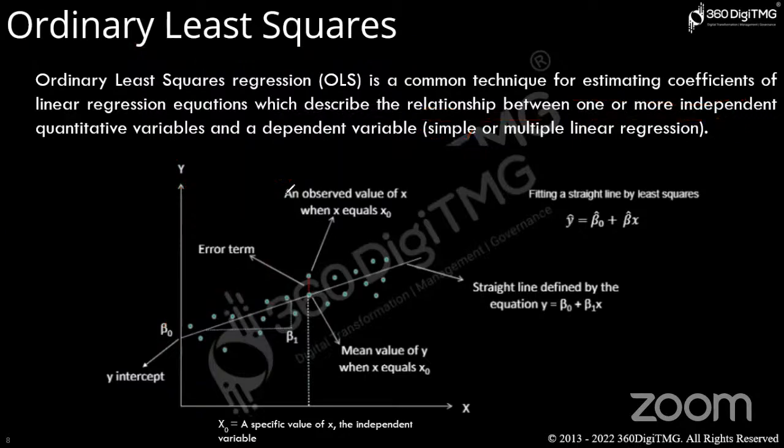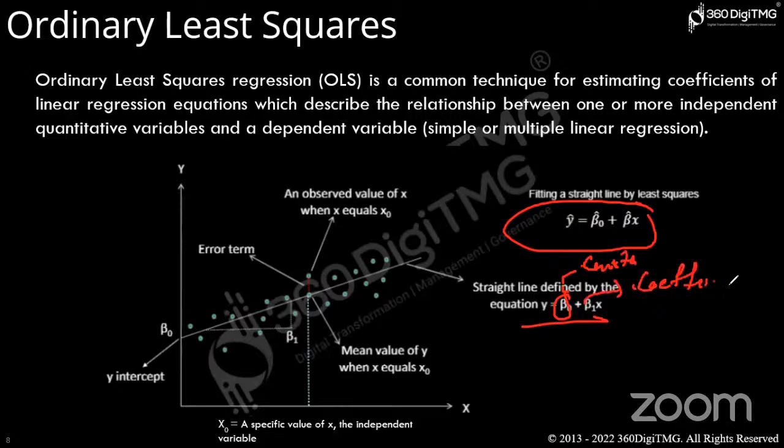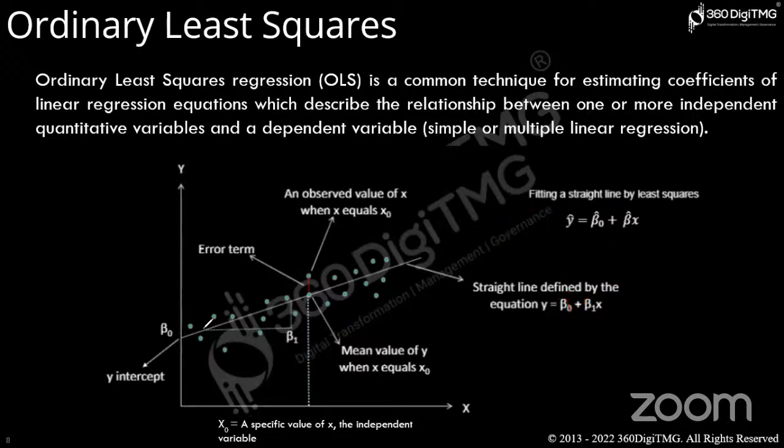Simple linear regression will have just one line, and there is an equation for that particular line. Here we will have a constant term, and here we have a coefficient. Like that, we will be deciding the best regression line.